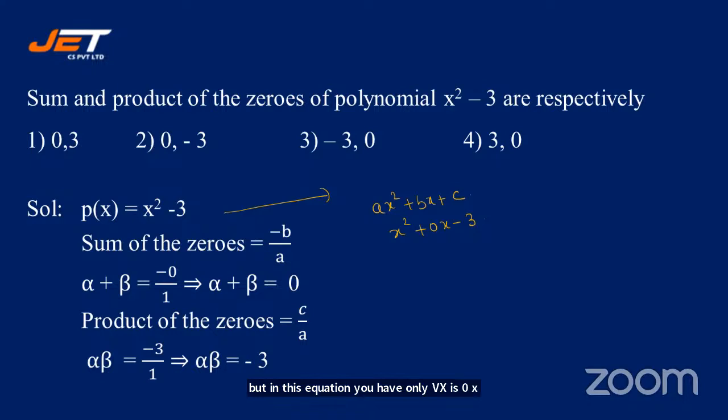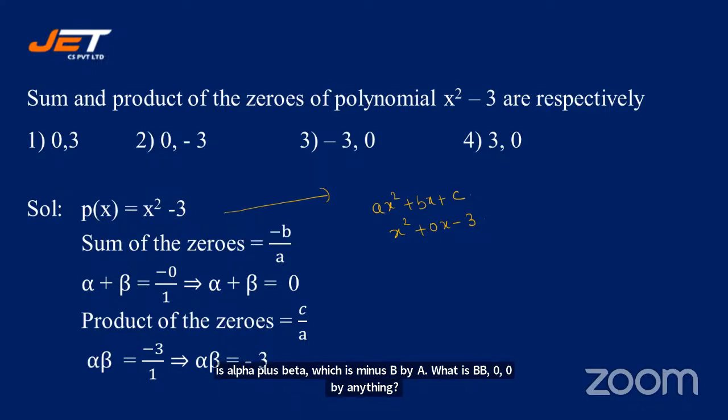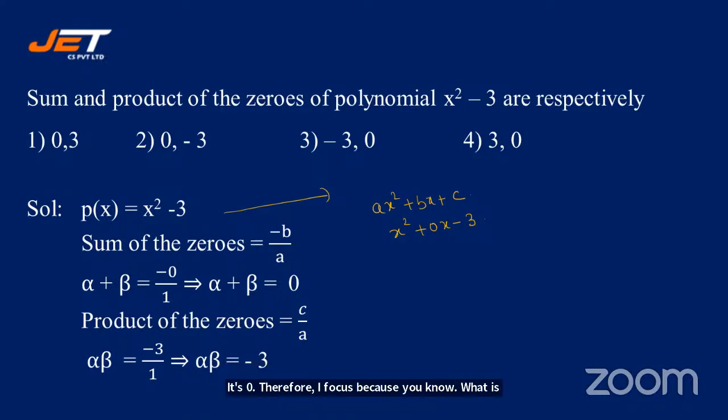The sum of the zeros, alpha plus beta, is minus b by a. What is b? b is 0. 0 by anything is 0, therefore alpha plus beta is 0. Alpha beta is c by a, so it is minus 3 by 1, which is minus 3. That is how 0 comma minus 3 is the answer.